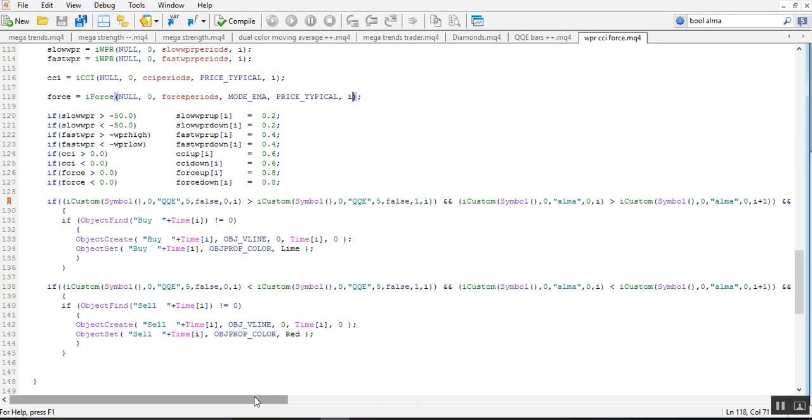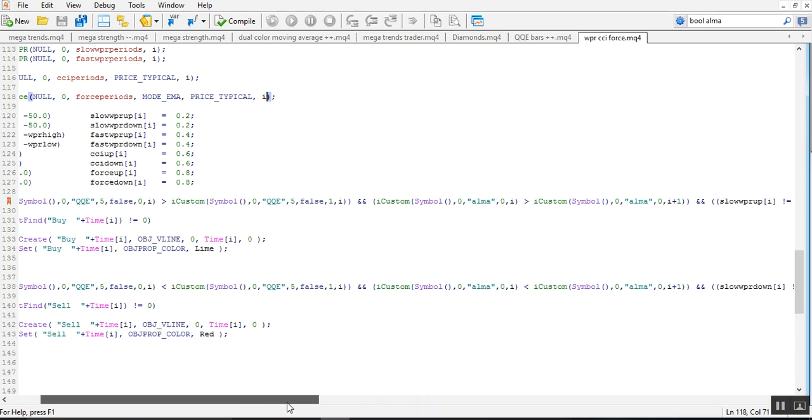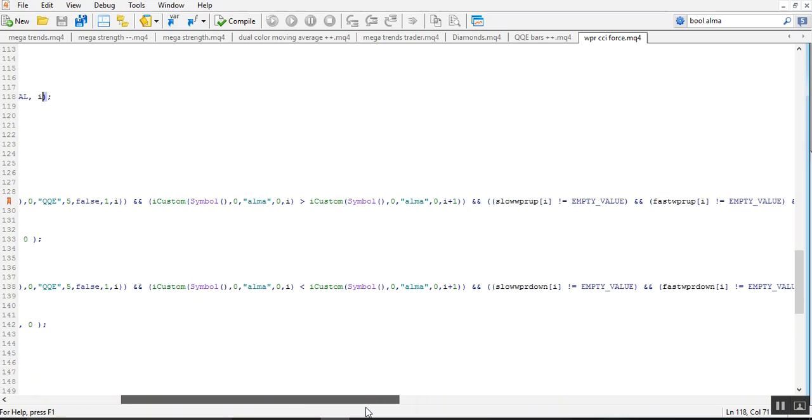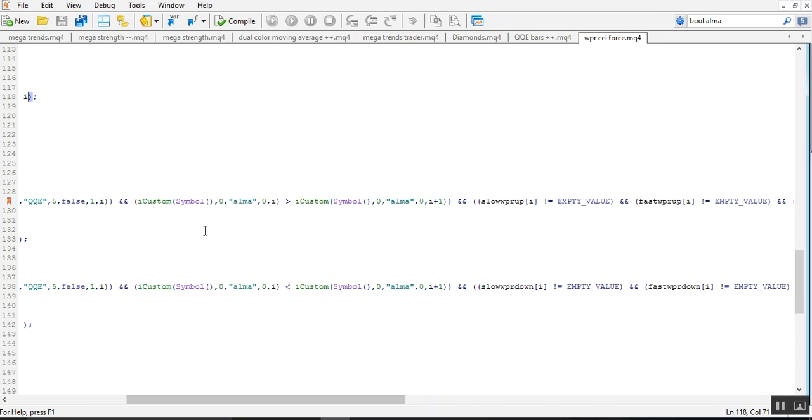And one or two places there did not have a line that you would have thought would have had a line. The reason is right here. For some reason, and I don't remember why, I put the ALMA in here. So if the ALMA is not greater than the ALMA last bar, then that green line won't be there, and it obviously wasn't where that green line was supposed to be.